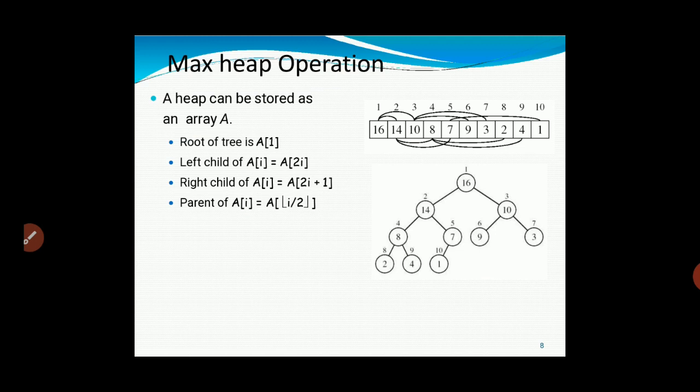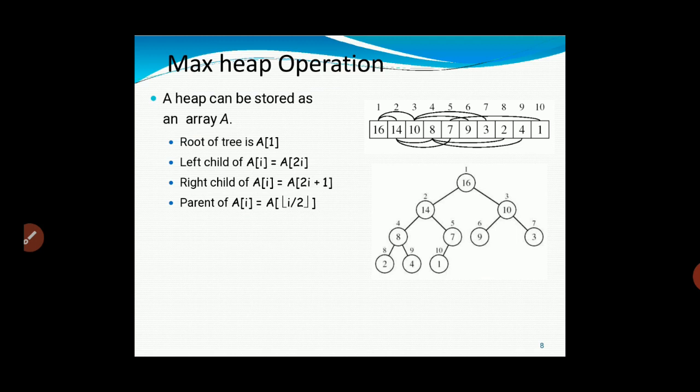I hope you have understood what the floor and the ceiling function are. Ceiling means if the given value is a fraction, we consider the value above, and with the floor function we consider the lower value. I is 6, 6 divided by 2 is 3, that means the third position is the parent of 9, which is 10. You can see this in the tree.